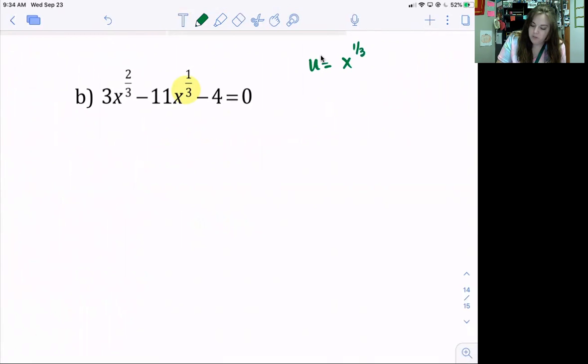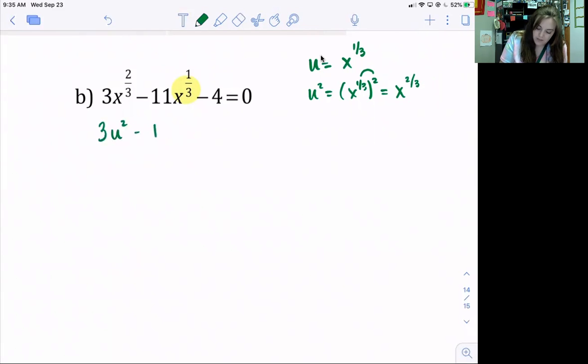Let's go ahead and find what u squared would equal by squaring this. Remember, we multiply our exponents. So this becomes x to the 2/3 power, which is what we have in our first term. So we can rewrite this as a quadratic to be 3u squared minus 11u minus 4 equals 0.